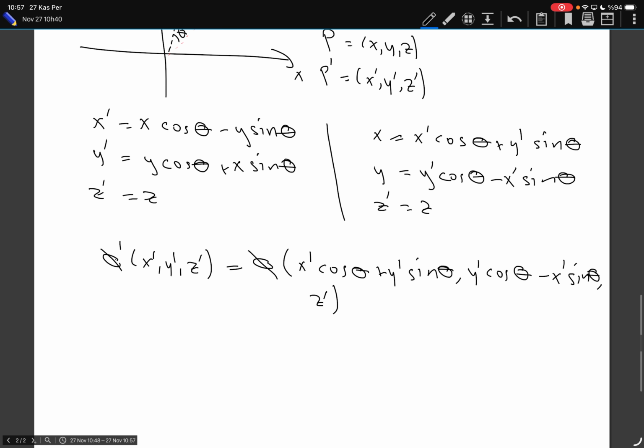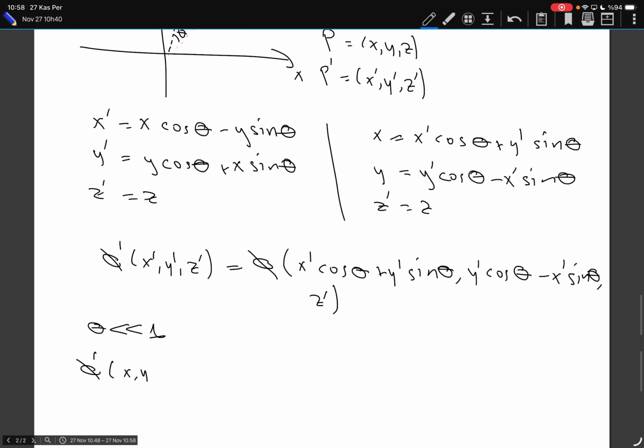Well, a finite rotation, I can always imagine as rotating by very small angles many times. So let me look at the case where theta is much, much less than 1. I take one very small step. That means, let me also get rid of these primes, because I already expressed everything in terms of these new coordinates.